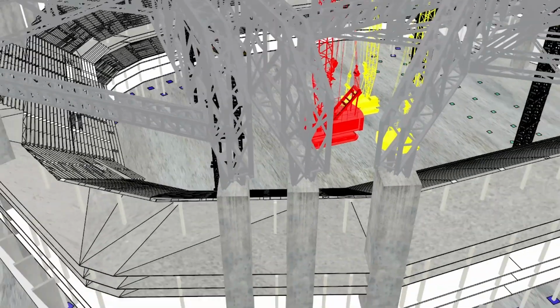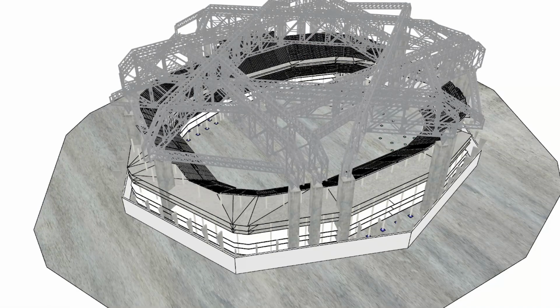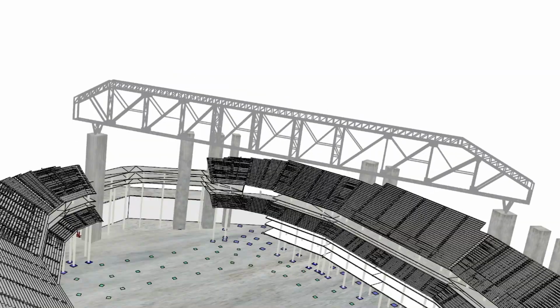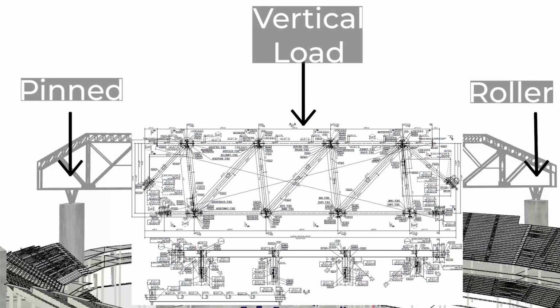Each of these trusses is directly connected at its ends to the top of the mega columns. Specifically, one end of the trusses is designed with a pin support, while the other utilizes a roller support. This configuration allows for horizontal movement caused by temperature changes while ensuring that vertical loads are safely and effectively transferred to the supporting structure.